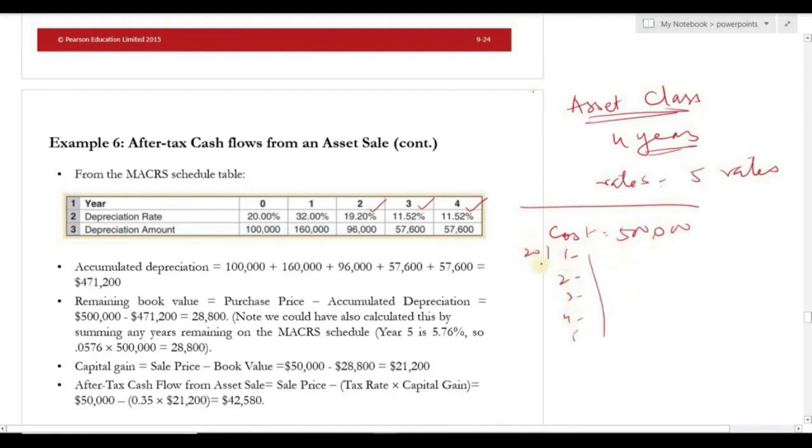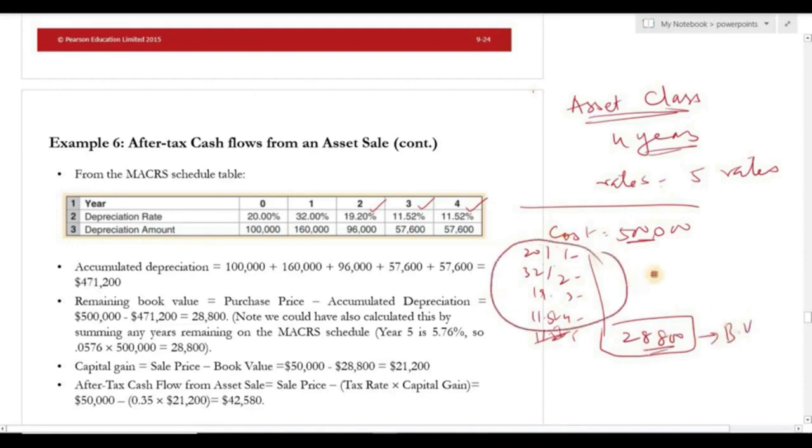So 20%, then 32%, 19.2% and 11.52%, 11.52%, and if you subtract all these, your answer would be 28,800. Okay, so this will be your book value, and all of this will be your accumulated depreciation.